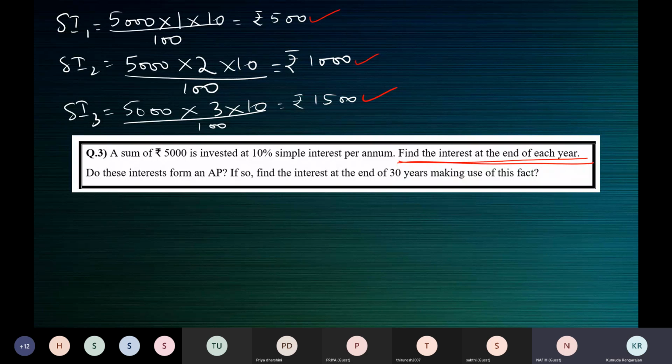S30 or A30, children? S30, ma'am. S30 or A30?